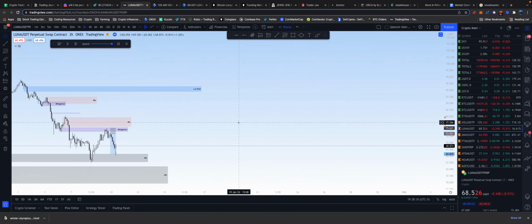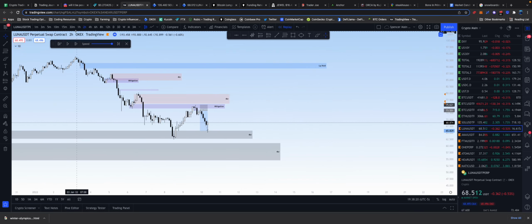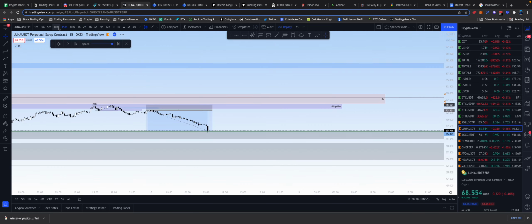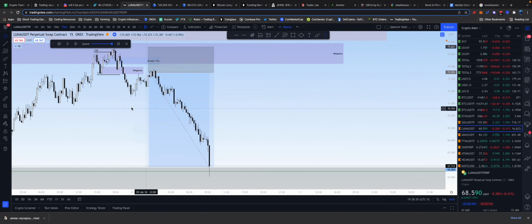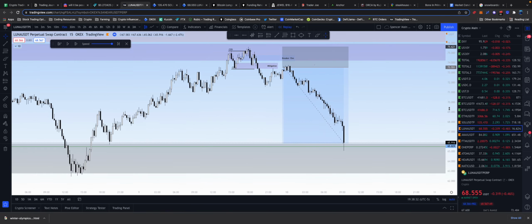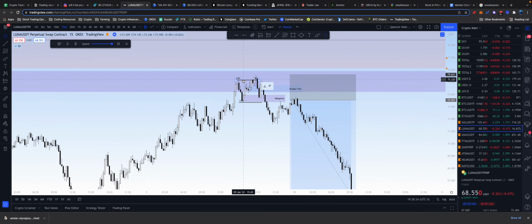But overall, you have the higher time frame point of interest. You have the demand zone, which would be your target. If you do get a reversal, then going into the lower time frames, seeing a reaction off this point of interest, setting your low time frame range, getting a sweep of the high, followed by a sweep of the low, marking out your mitigation block and your breaker or supply, however you want to do it.